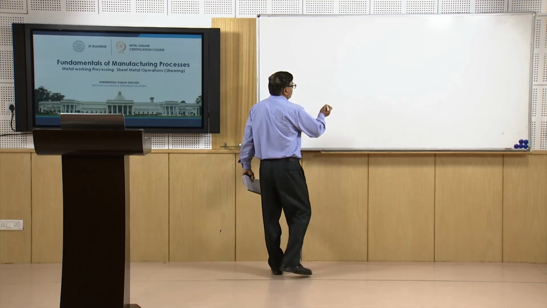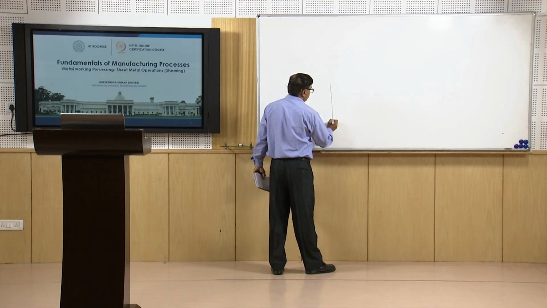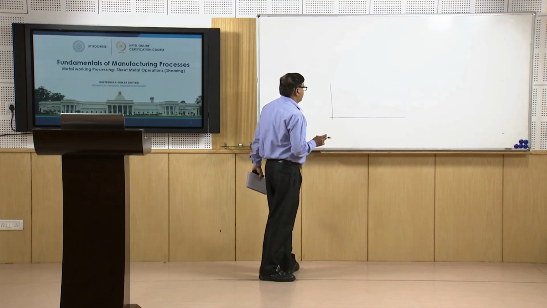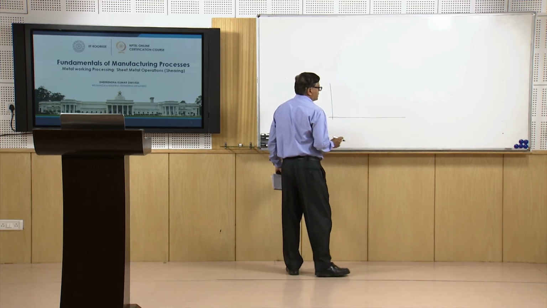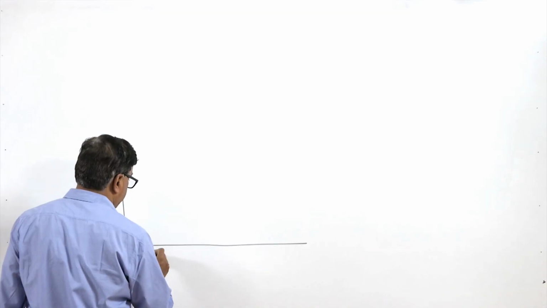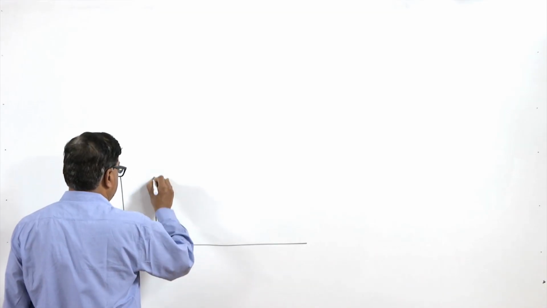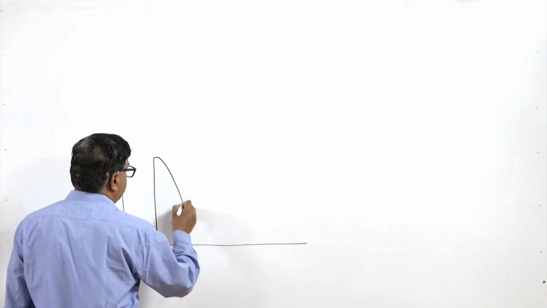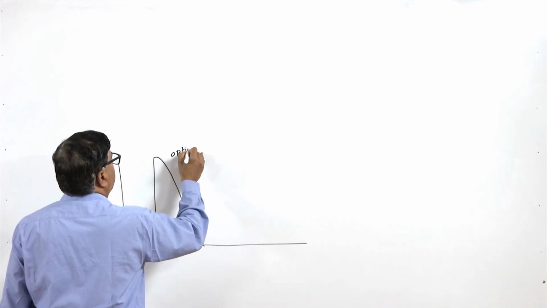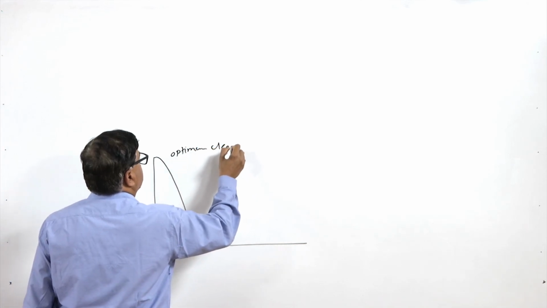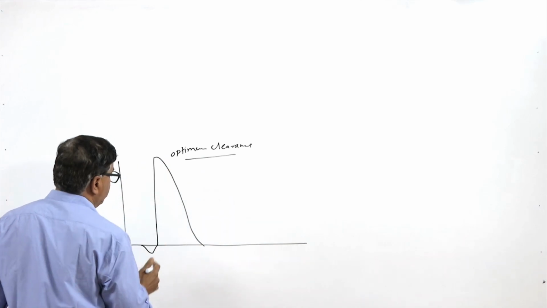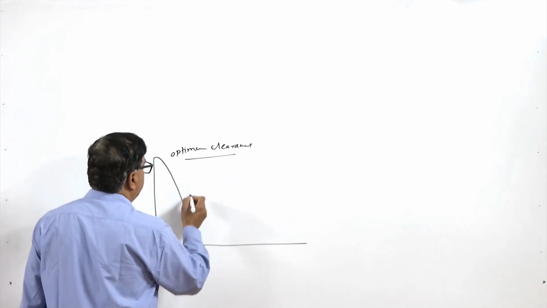Now, I will just plot the force versus time curve which is achieved during the shearing. So, the curve comes out to be like this when optimum clearance is used: a very clean, continuously increasing compressive force.